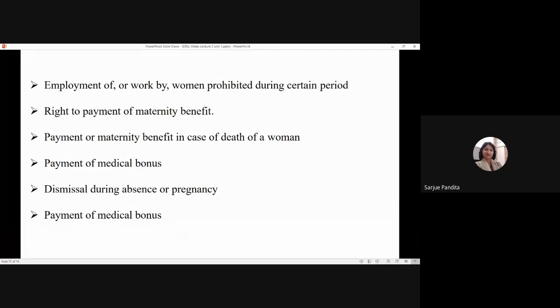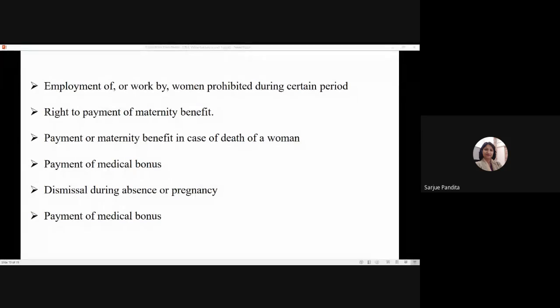Then dismissal during absence or pregnancy. Where a woman absents herself from work in accordance with the provisions of this Act, it shall be unlawful for her employer to discharge or dismiss her during or on account of such absence, or to give notice of discharge or dismissal.